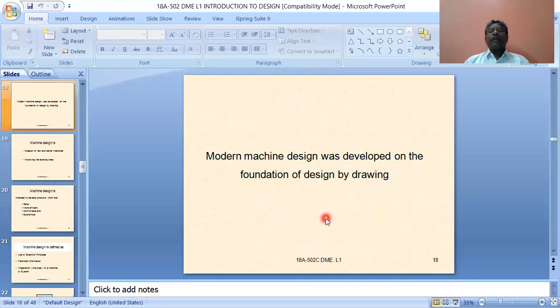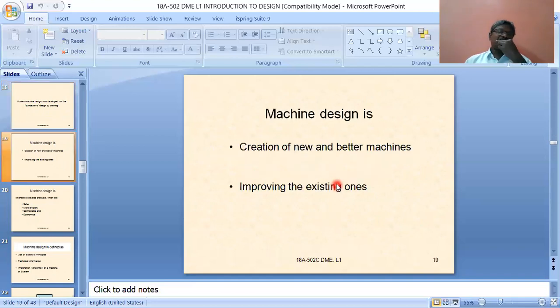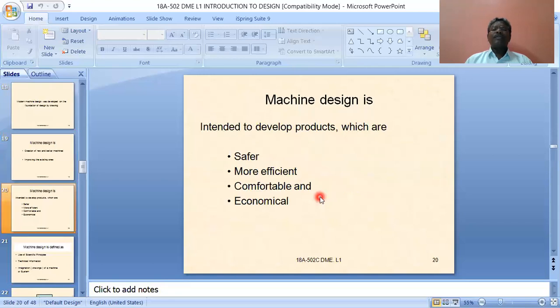Modern machine design was developed on the foundation of design by drawing. Machine design means simply the creation of new and better machines and improving the existing ones. This is machine design.